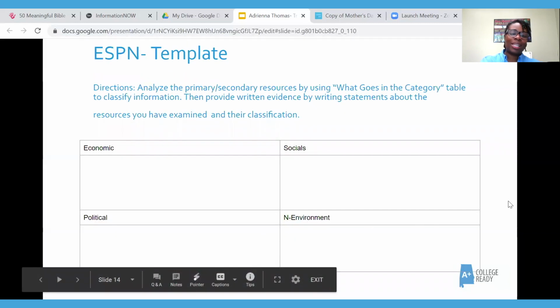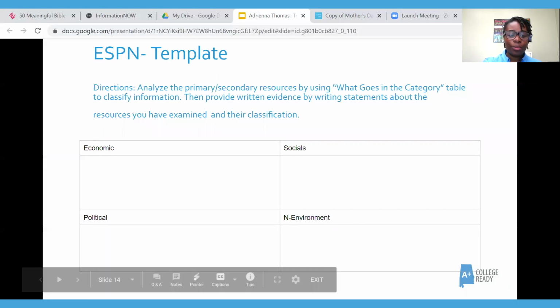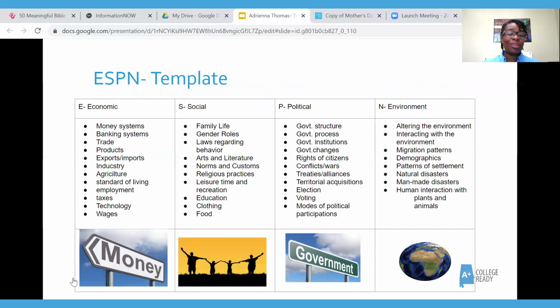This is simply an example of the ESPN template, what each area stands for. And this is what you'll pass out to your students for them to write their information. The E is economic, S is social, P is political, N is environment. Now remember when I was talking about the categories and the subcategories, this is the chart that I was discussing.